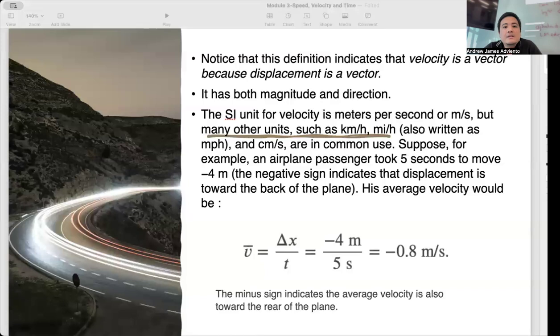When displacement is negative, the velocity is also negative, indicating motion in the opposite direction. This helps us describe motion more accurately, as we can see.